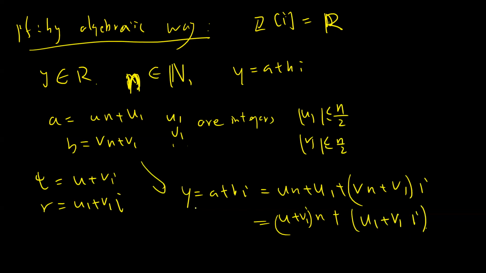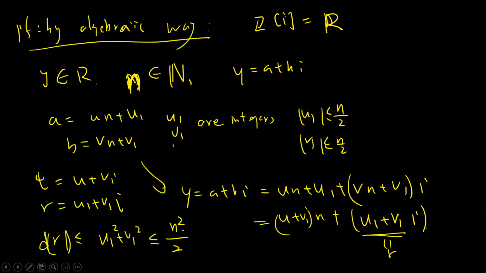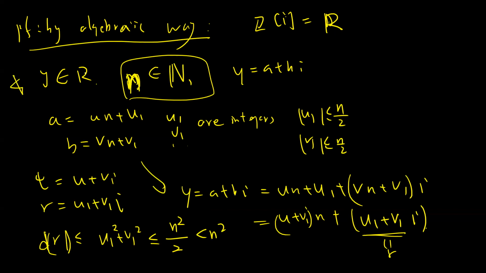Now we got a division, and this is our r. The norm of r, or d of r, is u1 squared plus v1 squared, which is less than n squared divided by 2, so definitely less than n squared. That means this works for the specific integers.